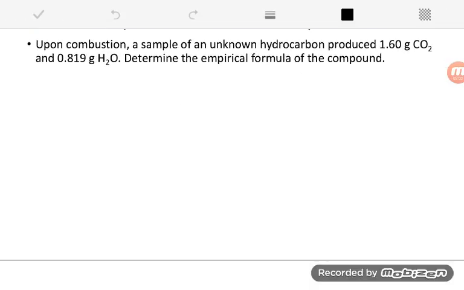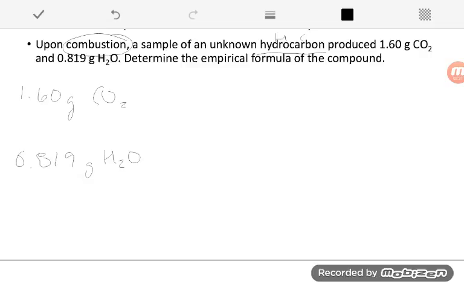Upon combustion, a sample of an unknown hydrocarbon, so it only contained hydrogen and carbon, produced 1.60 grams CO2 and 0.819 grams water. Determine the empirical formula. So we have a combustion analysis problem, and it's starting me off with 1.60 grams of CO2 and 0.819 grams H2O.